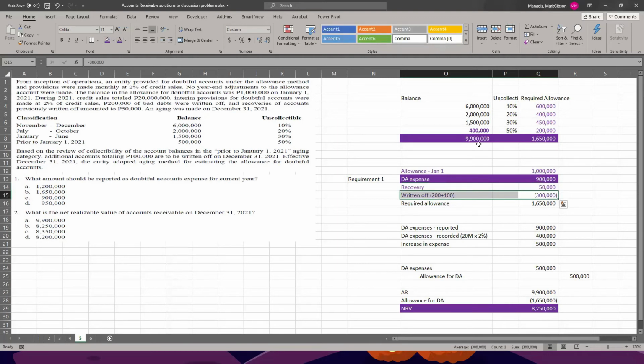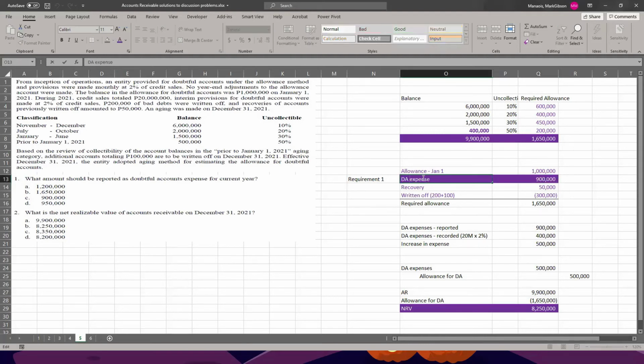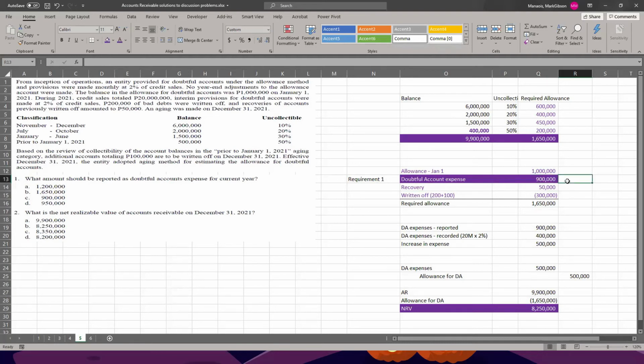Now, what we need to get is the doubtful account expense. So we have to work back. Doubtful account expense is 1,650,000 plus 300,000 minus 50,000 minus 1 million, or 900,000 pesos. So the answer to requirement number 1 is letter C.